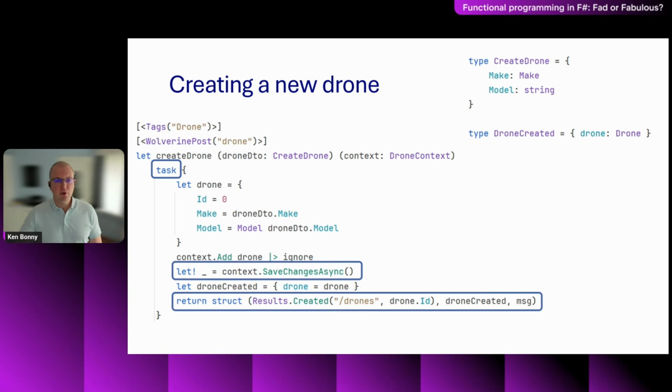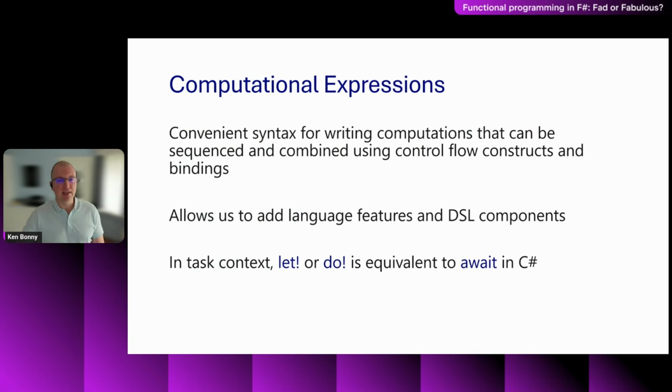But let's take a deeper look at what this task and this let bang actually is. And this is a computational expression. And a computational expression is a convenient syntax for writing computations that can be sequenced and combined using control flow constructs and bindings. This is what the official documentation on the Microsoft website says.